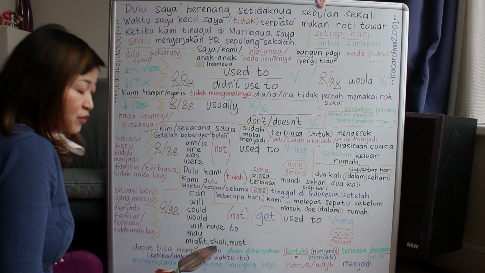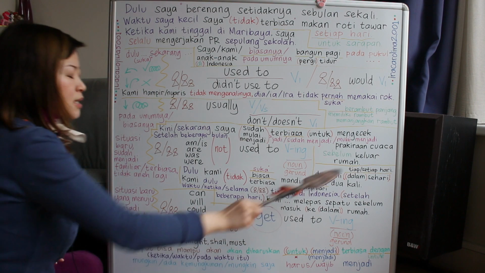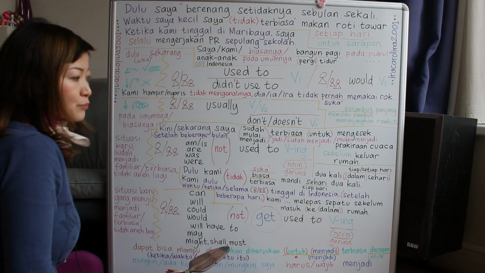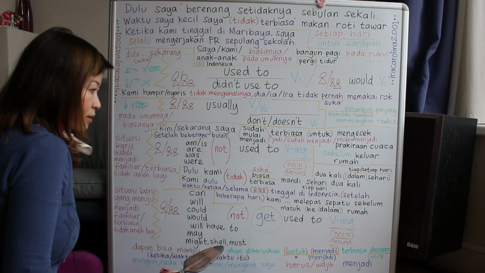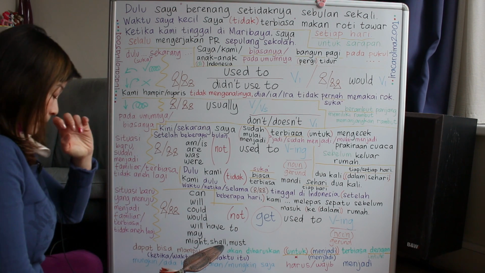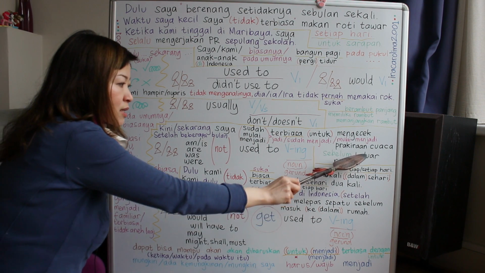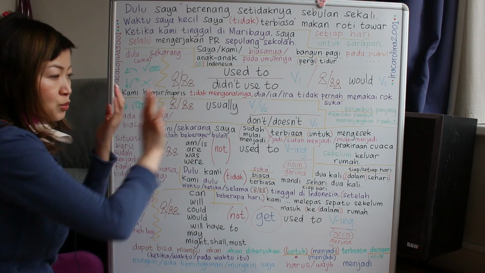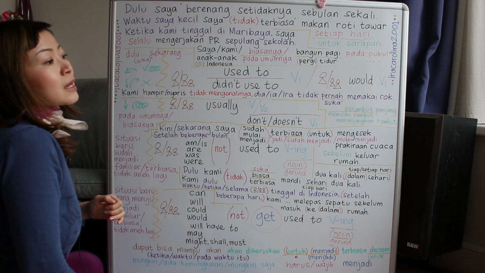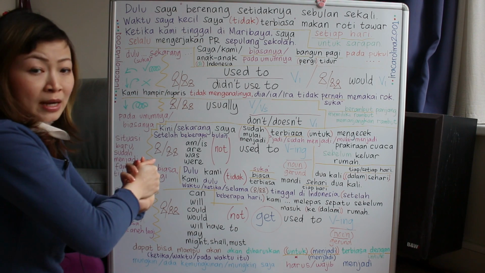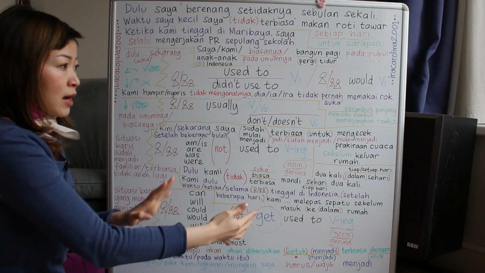Sebelum, before. Keluar, exit. Rumah, house. Sometimes people put keluar in two words. It's different, keluar and keluar.